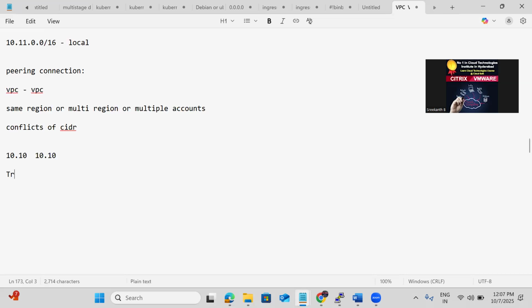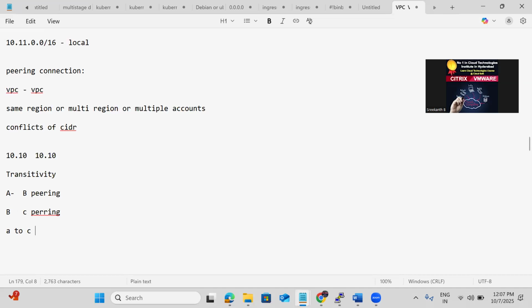And by default, we don't get transitivity. The meaning of transitivity is, assume VPC A is peered with B, and B is also peered with C. Then by default we don't get A to C peering.